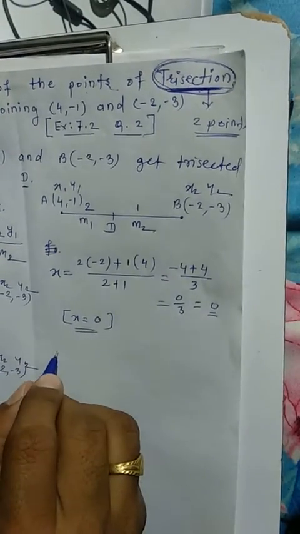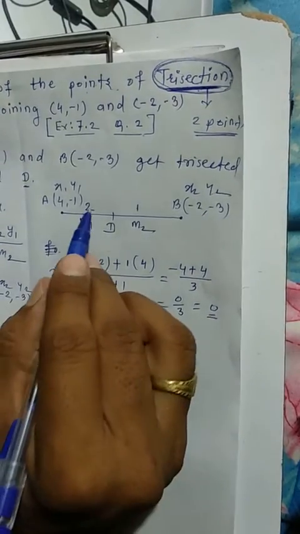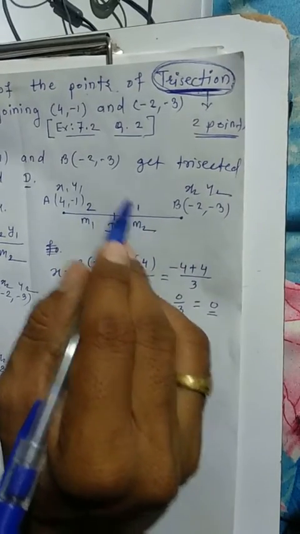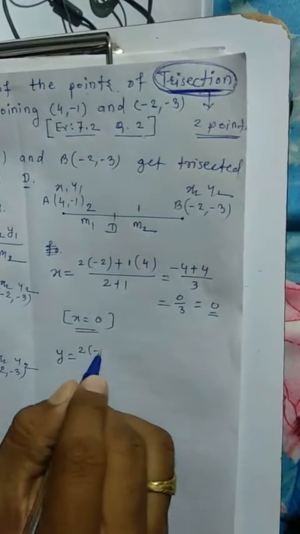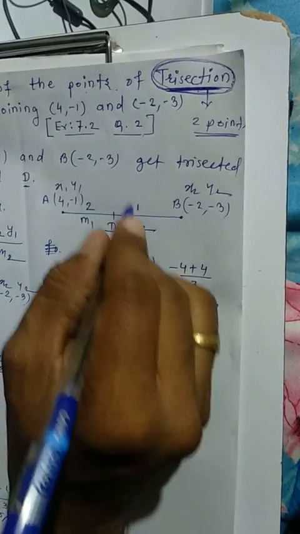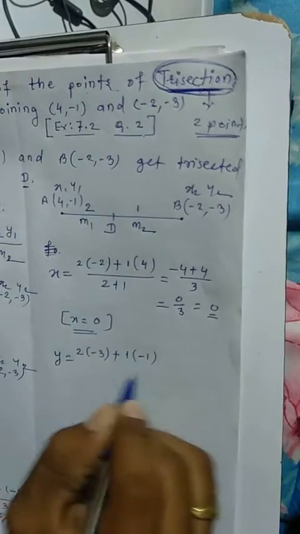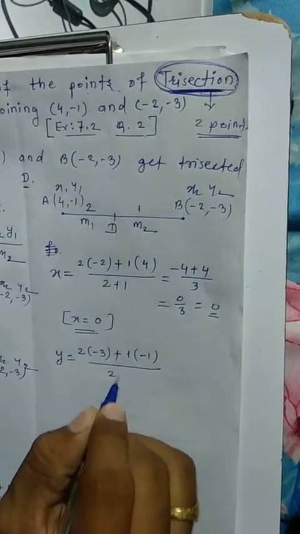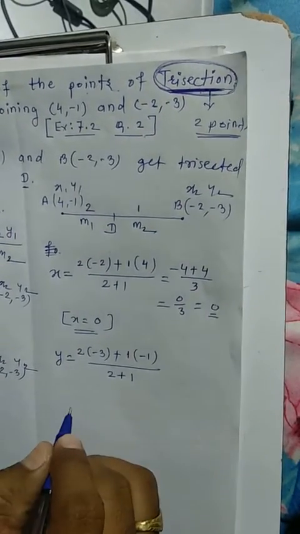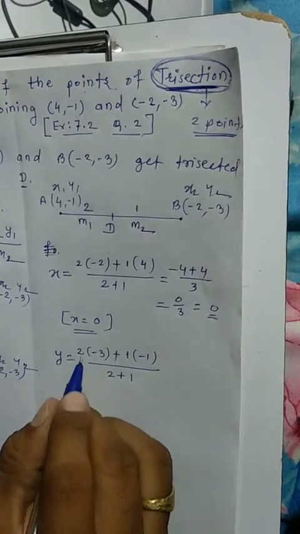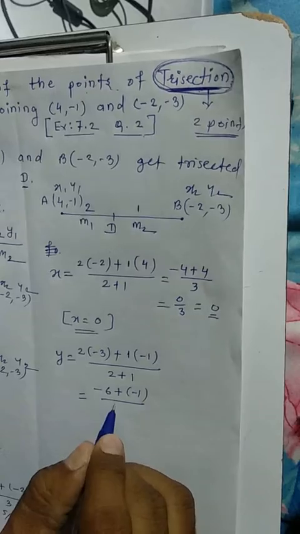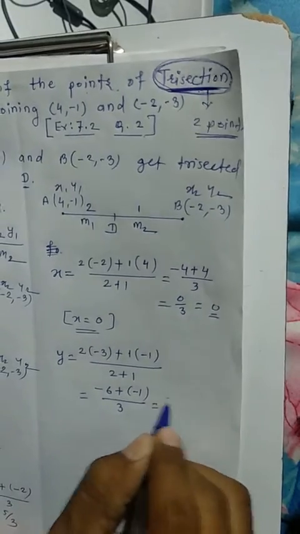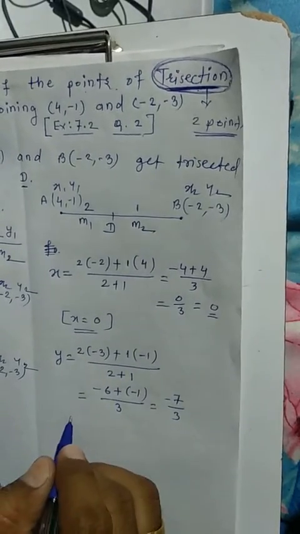Now for y, I will write y equal to again m1 y2 plus m2 y1. That is 2 into -3 plus 1 into -1, upon 2 plus 1. That gives -6 plus -1 upon 3, that is -7 upon 3.